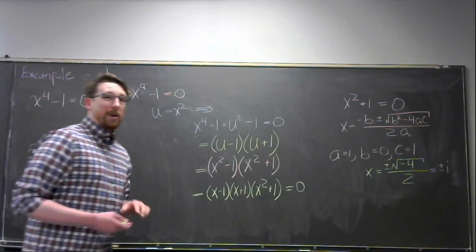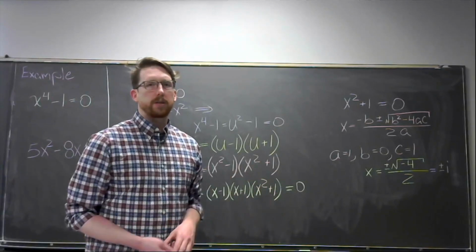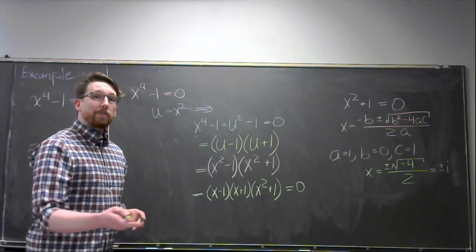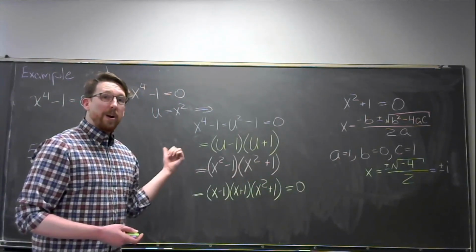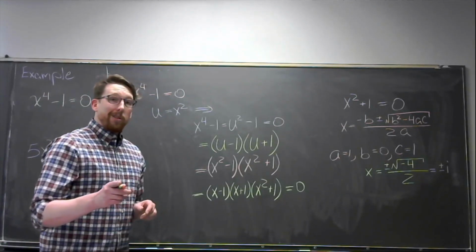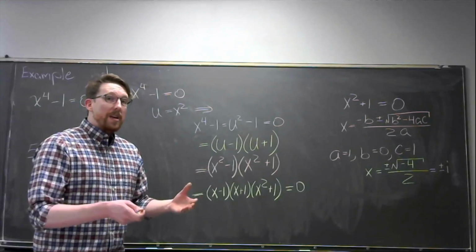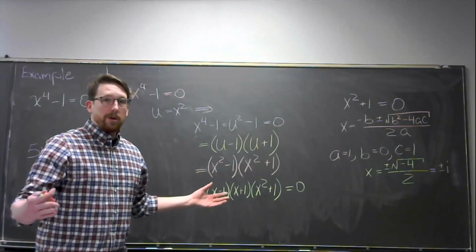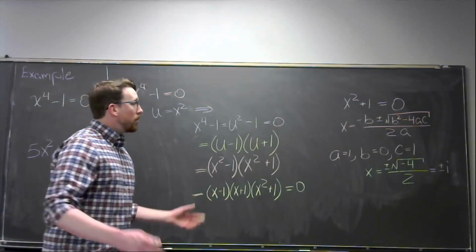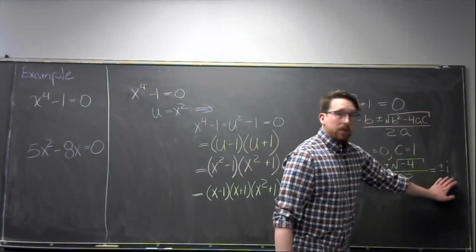So I claim this helps us, but how does it help us? Well, it goes back to what I was talking about at the very beginning. Linear factorization theorem. We can take and factor out our polynomial using the zeros of our polynomial.